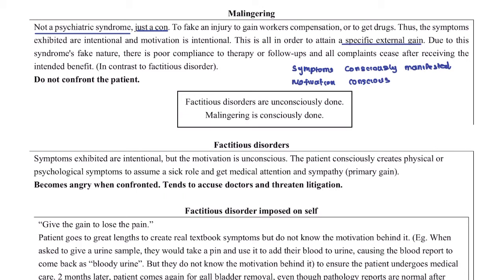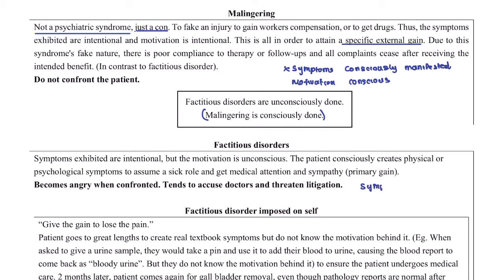But when you consider factitious disorders, so malingering is consciously done. Factitious disorder is when the symptoms are consciously manifested, but the motivation is unconscious. So let me write this.